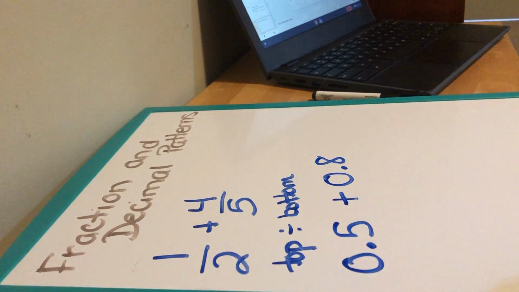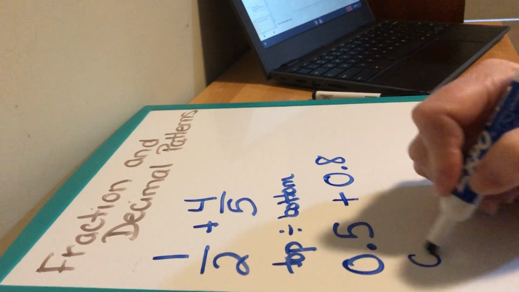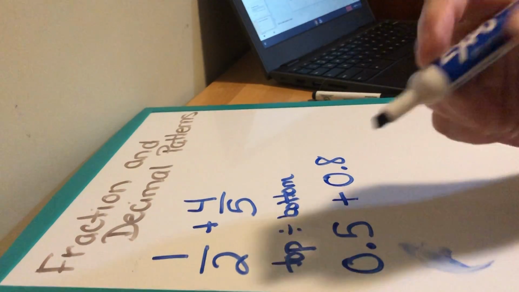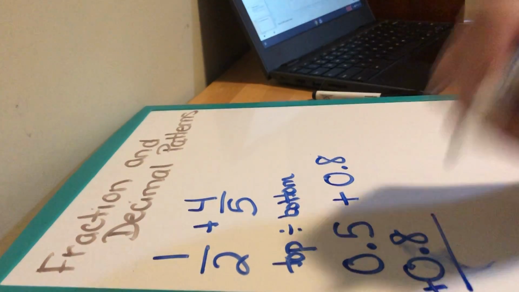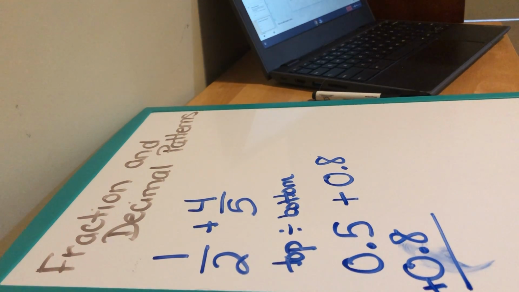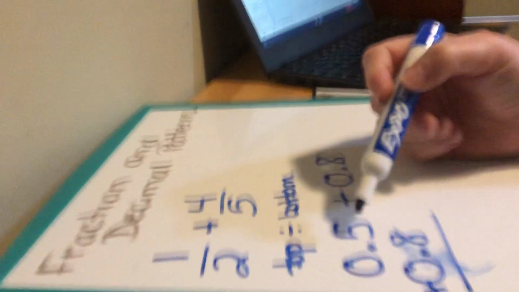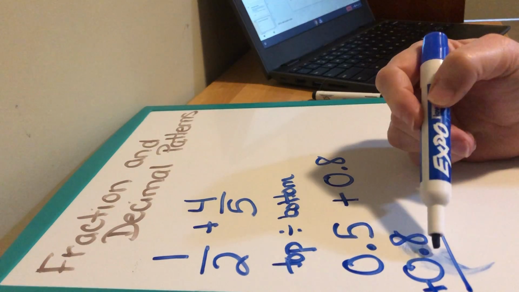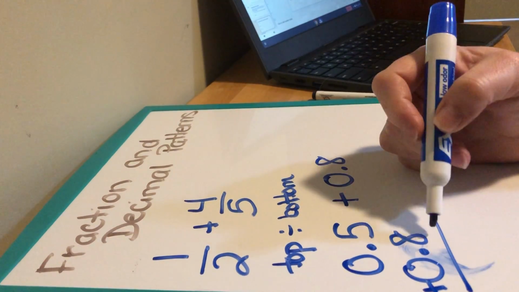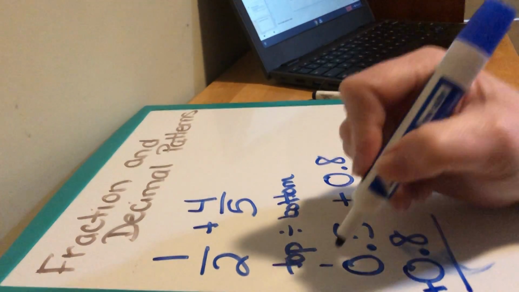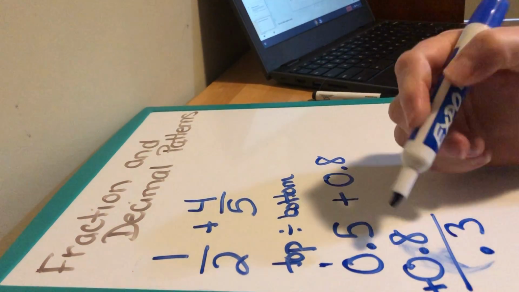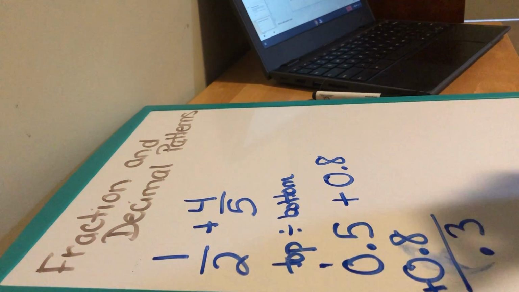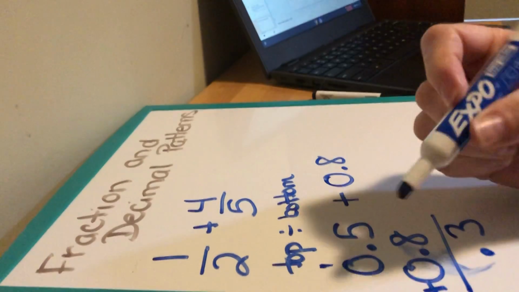Now I can add those two together, and I'm going to do a stack and add. You can see I've got my decimals lined up, and I just need to add 5 plus 8 is 13, so I carry the 1, bring down the 3, decimal comes straight down, and I have 1 plus 0 is 1.